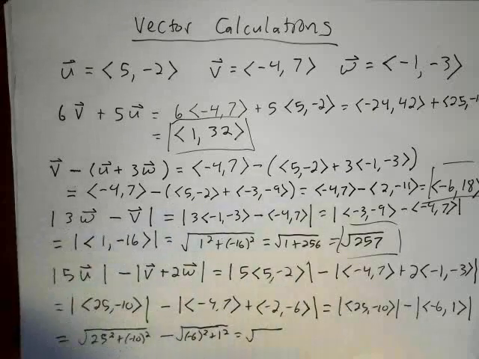So 25 squared, I think, is 625, and 10 squared is 100.